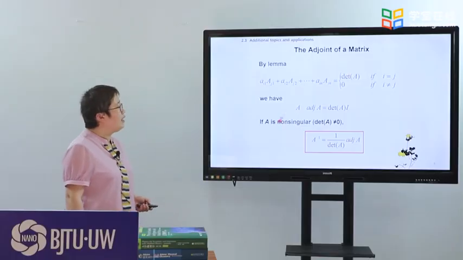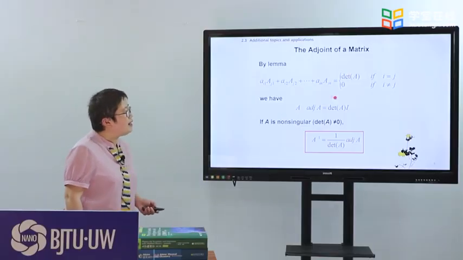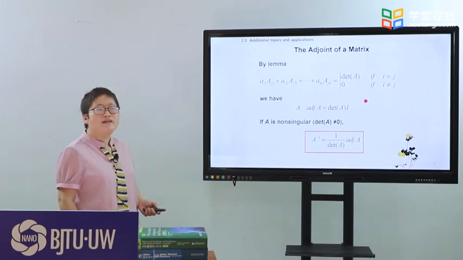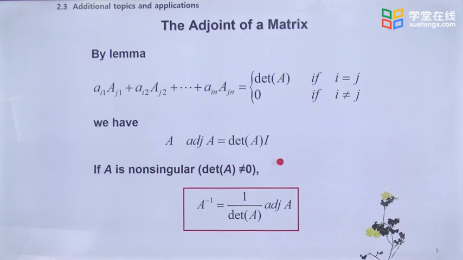So immediately using this lemma, we have A times adjoint of A equals determinant of A times the identity matrix. See this basic property of the adjoint of A: A times adjoint of A equals a number times the identity matrix.